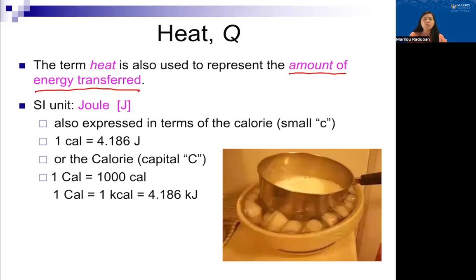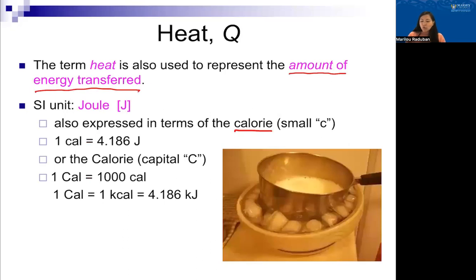But maybe the more common way of measuring heat is the calorie, right? So I think we've heard of the calorie when we usually talk about food. So how many calories this food has, or how many calories our body burns when we exercise.